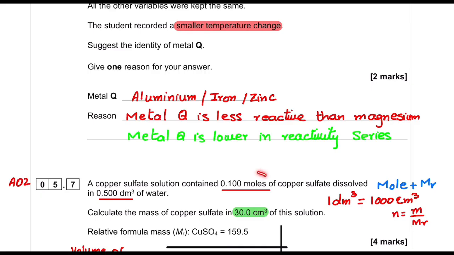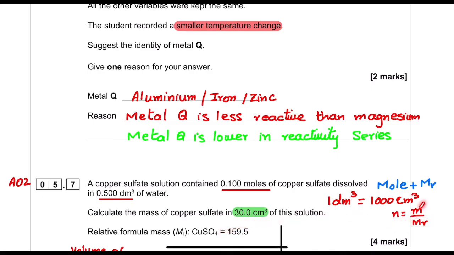Because we are given moles, we need to find the moles of copper sulfate dissolved in 30 cm cube. I'm going to use the formula: number of moles is equal to given mass over Mr of copper sulfate. Mr of copper sulfate is already given.